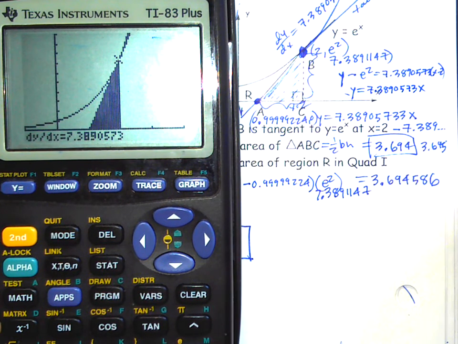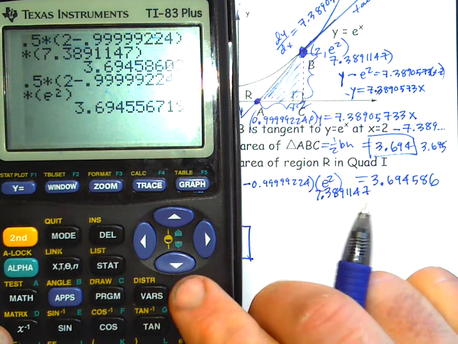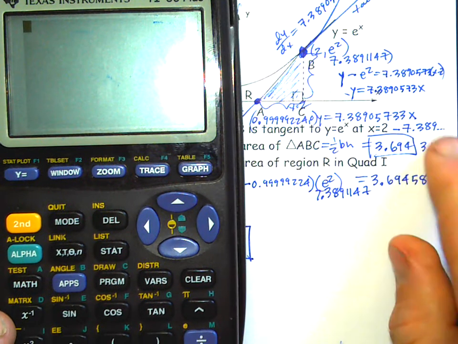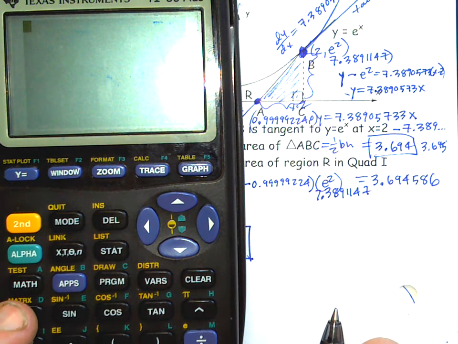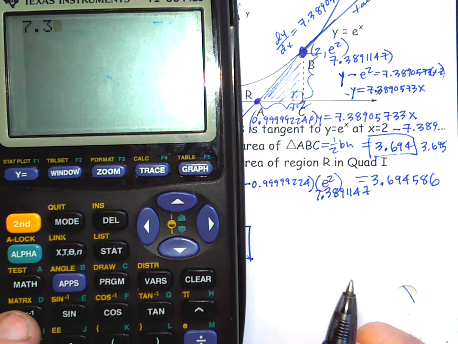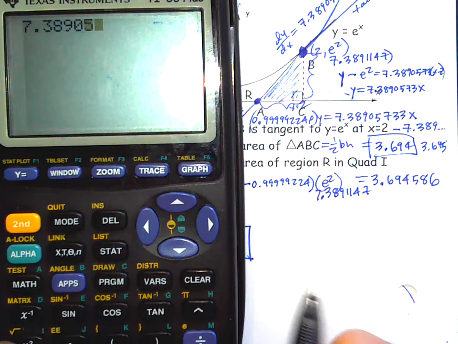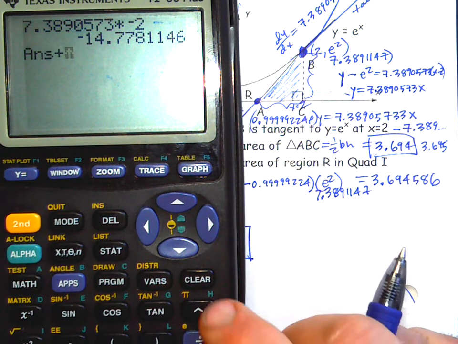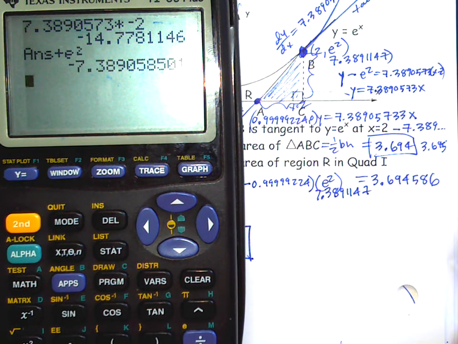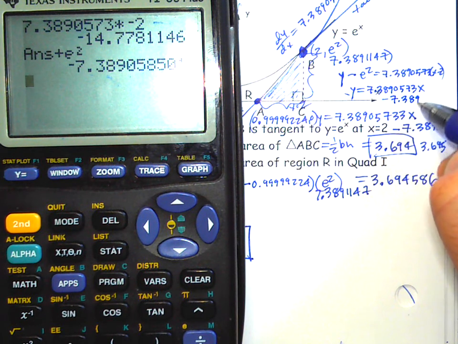7.389053x. The benefit to this is I'm getting a much more accurate version of my tangent line, with more than 3 decimals, and that might make a difference. It would be 7.3890573 times -2 plus e squared, so it'd be minus 7.389085.